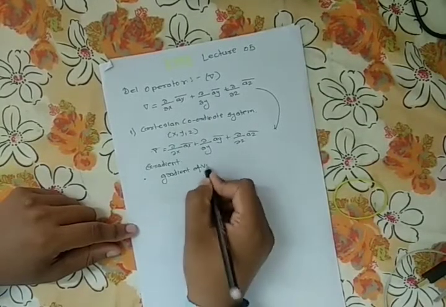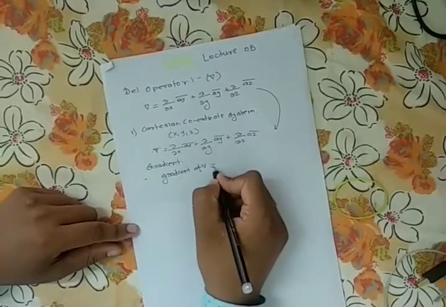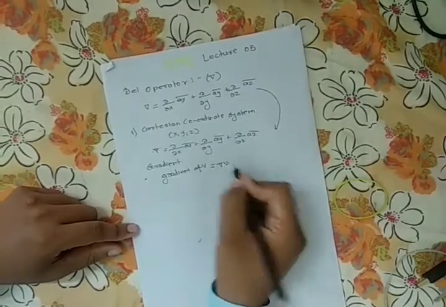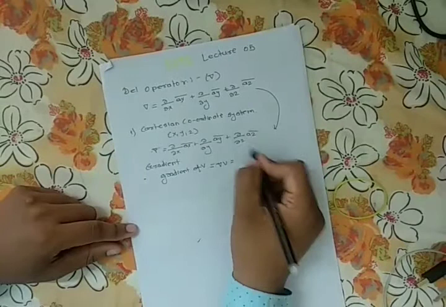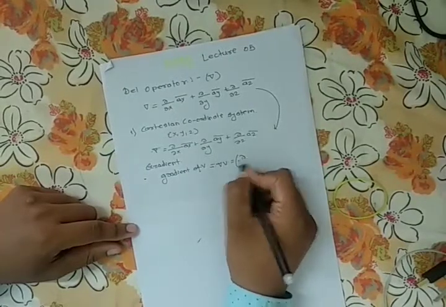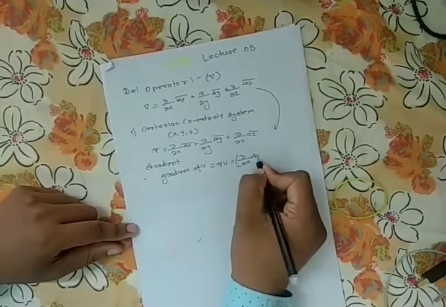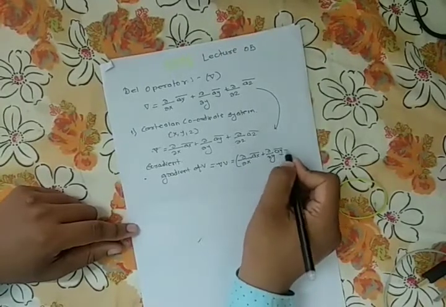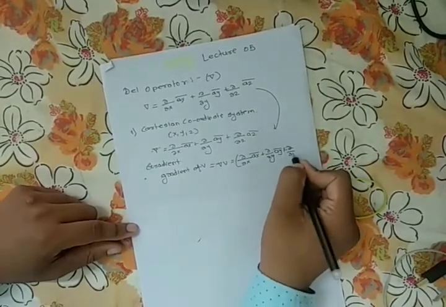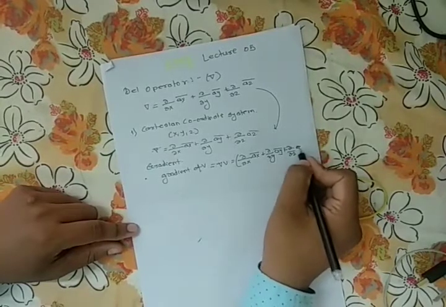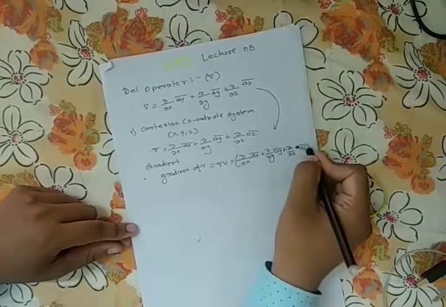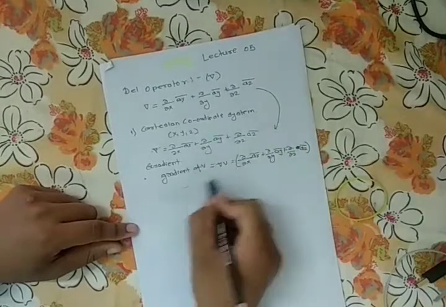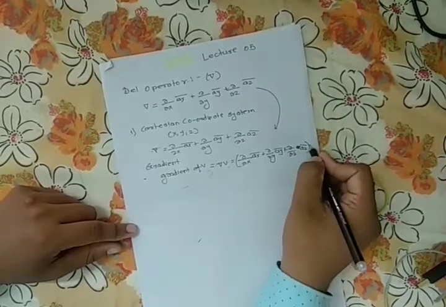is equal to del v. So I will write this term as it is: del by del x ax bar, del by del y ay bar, and del by del z az bar, and outside the bracket you have to write this scalar quantity v.